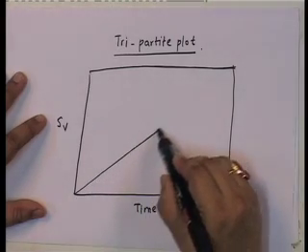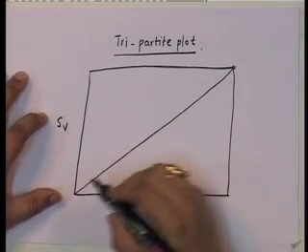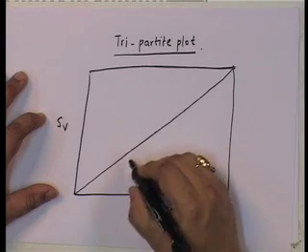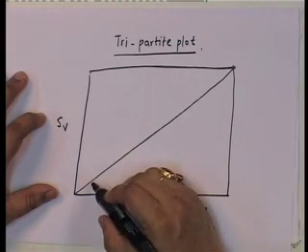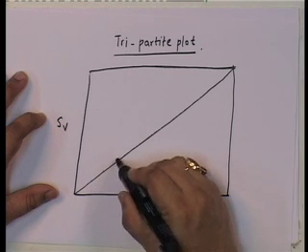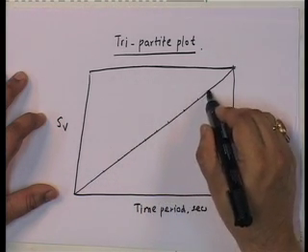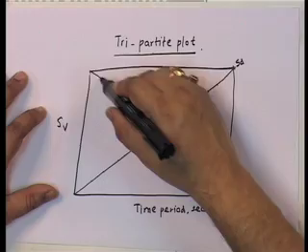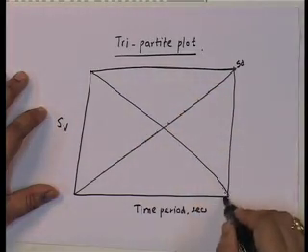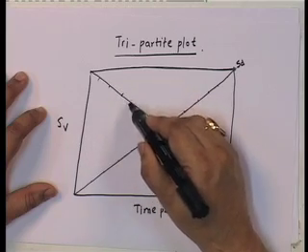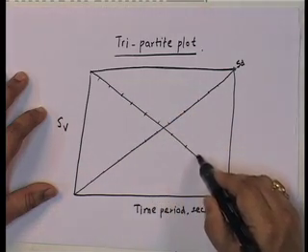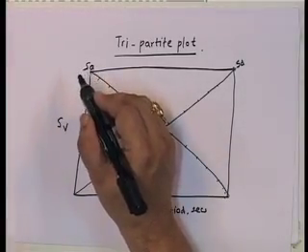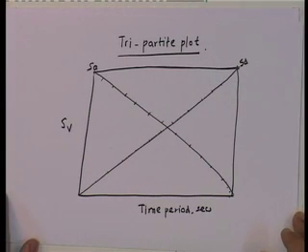Along this axis is your SD, and along the 45-degree other axis is the SA. So, this is what a tripartite graph looks like.